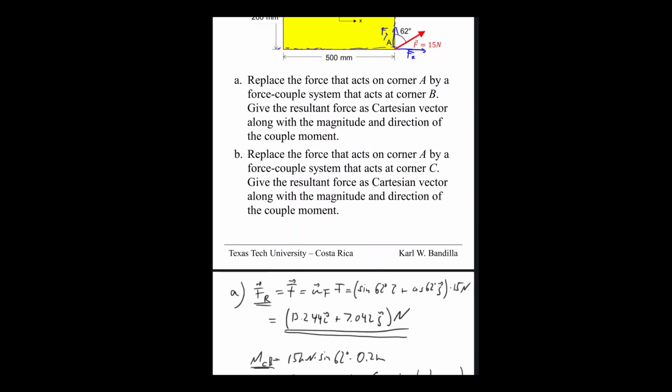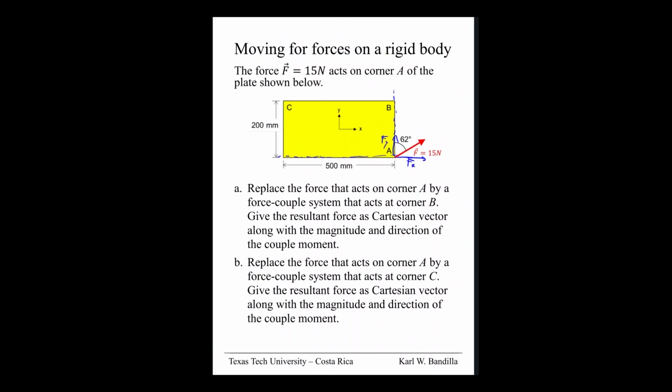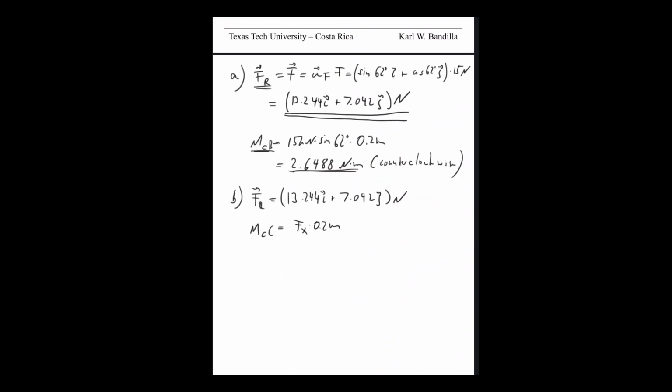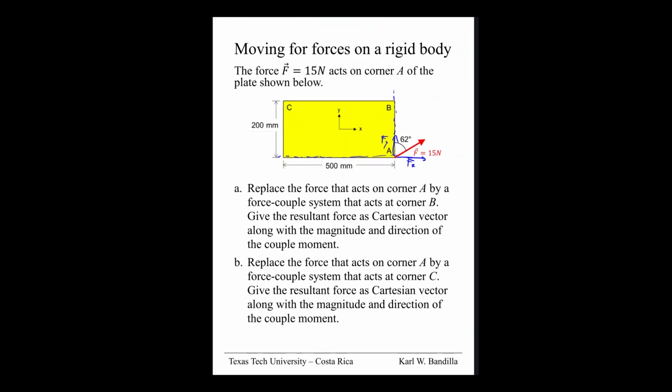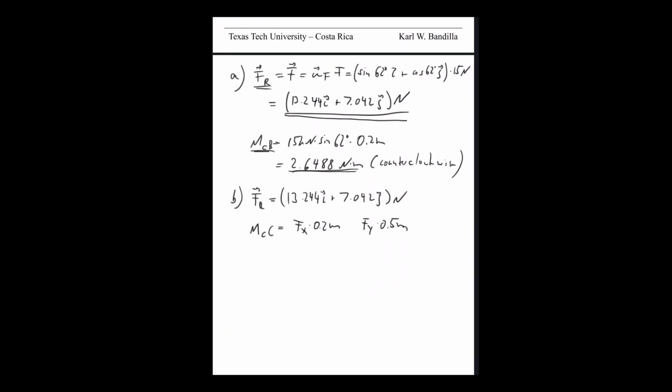And then for Fy, the moment arm goes all the way over there, so it'll be Fy times 0.5 meters. It is turning counterclockwise as well, so also positive. Let's put a plus here.